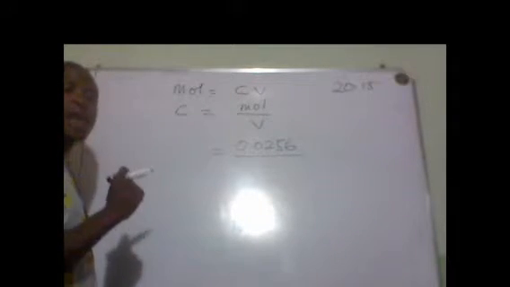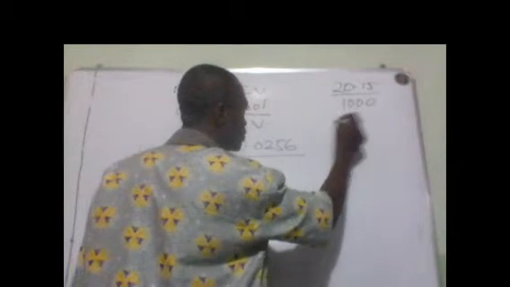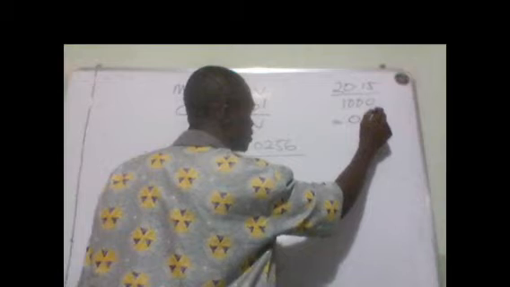Remember that this value is in centimeter cube and we need it in dm cube. So changing it to dm cube, we are going to divide it by 1000.